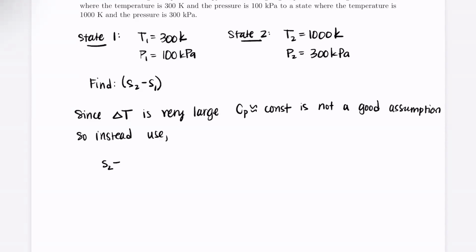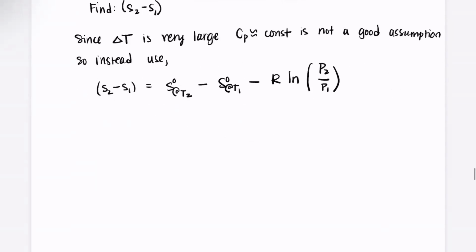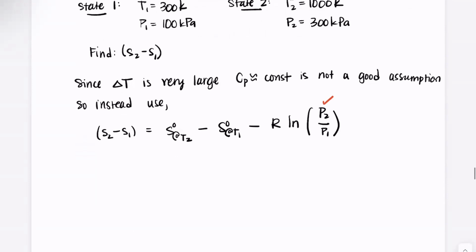So we're going to use S2 minus S1 is equal to S0 at T2 minus S0 at T1 minus R times the natural log of the ratio of pressures. Okay, so we know our pressure ratios and we know R, of course.